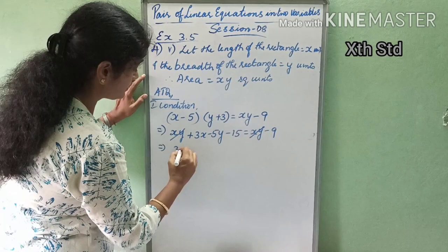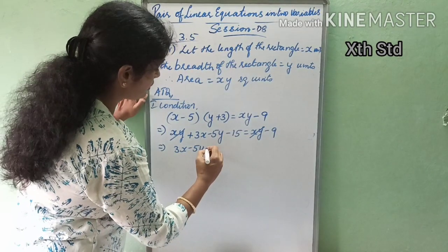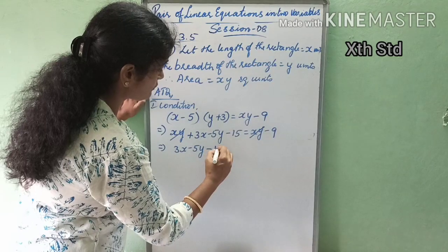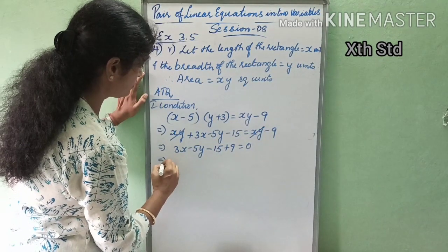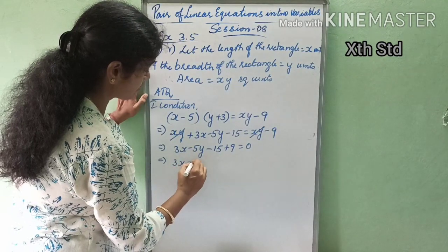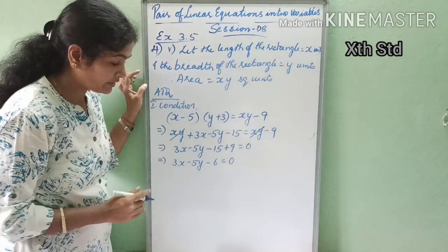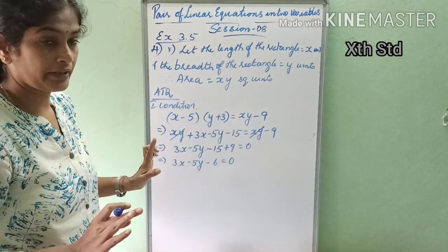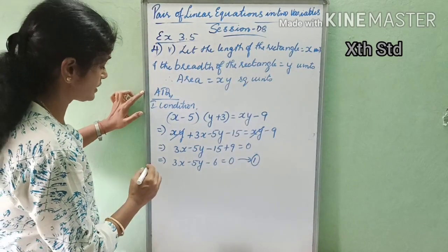Then 3x minus 5y minus 15 plus 9 is equal to 0. So 3x minus 5y minus 6 is equal to 0. No common factor can be taken out, so let this be the first equation according to the first condition.